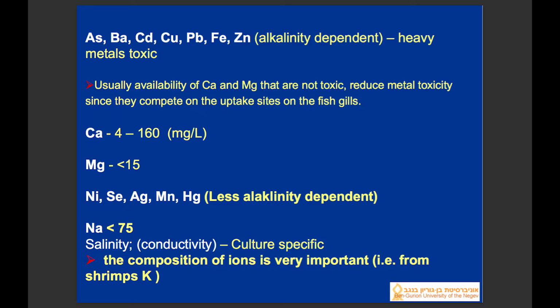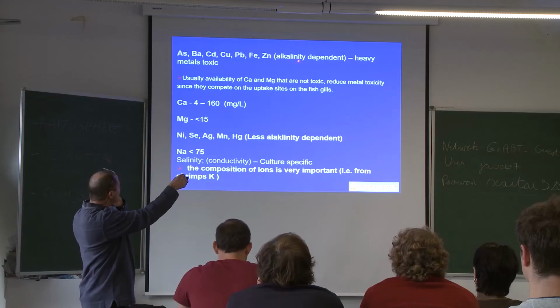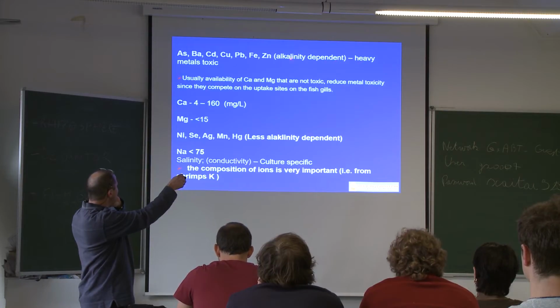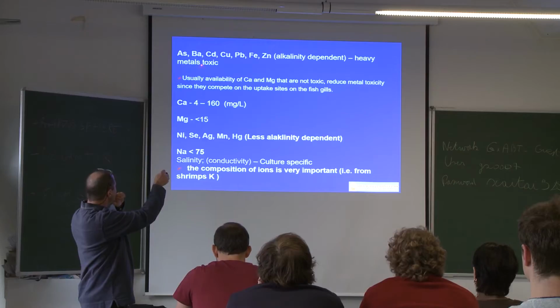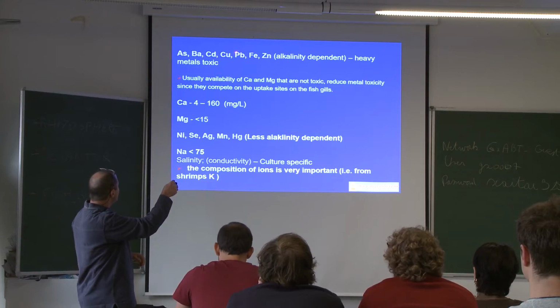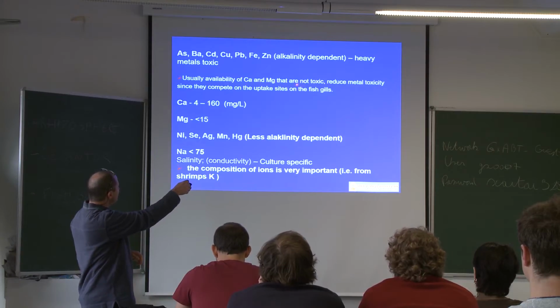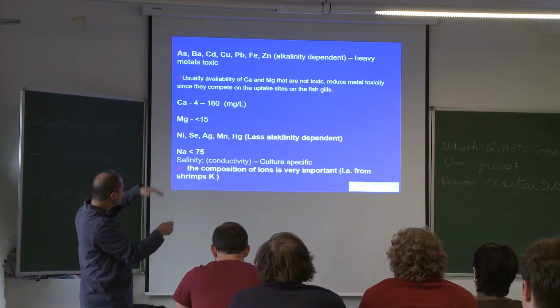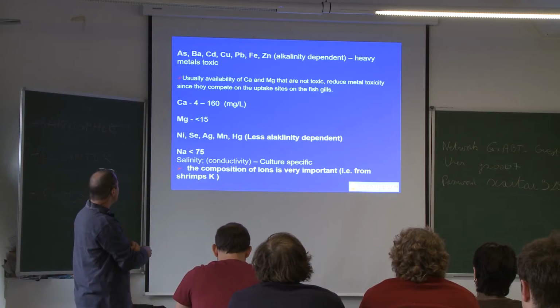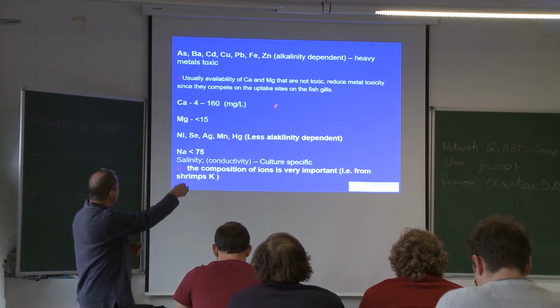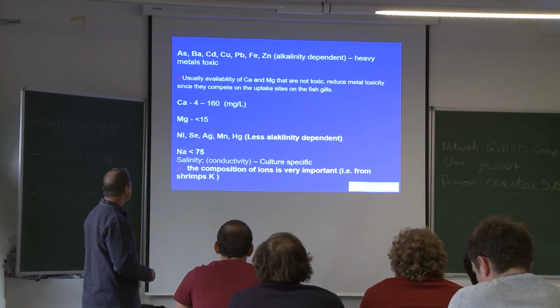This group of heavy metals, arsenic, barium, lead, iron, zinc, are alkalinity dependent. So as pH decreases and alkalinity goes down, their toxicity is much higher, because calcium and magnesium, which are divalent ions, can reduce the toxicity of these metals, because they compete on the uptake sites on the gills.